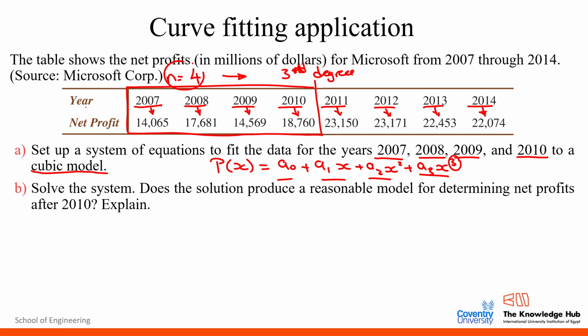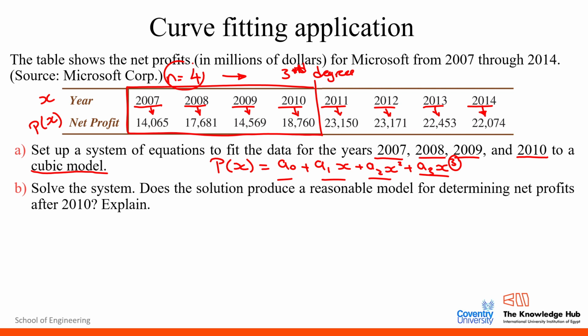Here we can consider the year as x and the net profit as p of x. However, here the x values are large. So in this case, we use some sort of translation to make the problem somehow simpler to be manipulated.